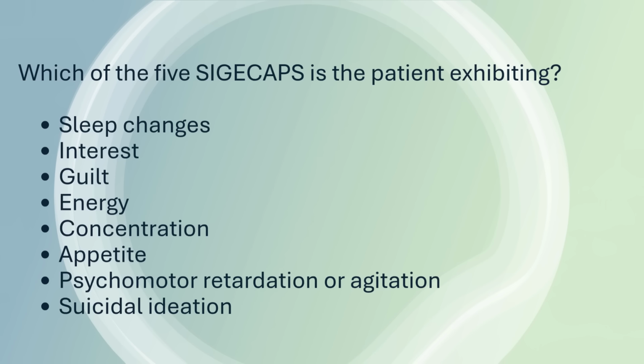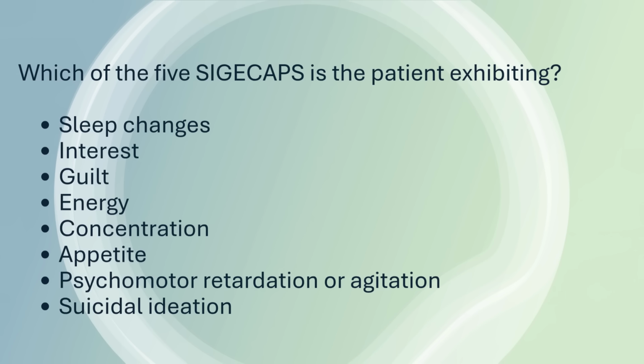So back to the question. Which of the SIGECAPS symptoms is the patient exhibiting? Sleep changes, interest, energy, concentration, and appetite. Now, the rationale: let's match the symptoms described to the SIGECAPS mnemonic.